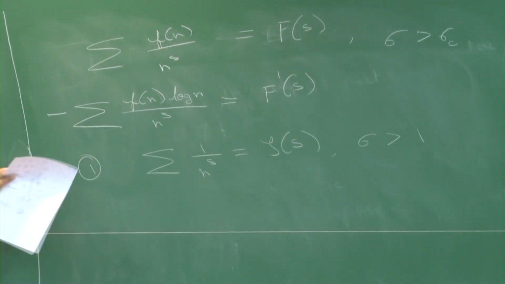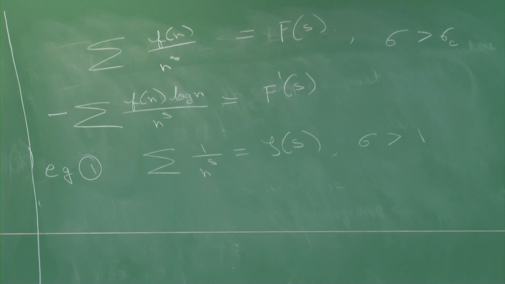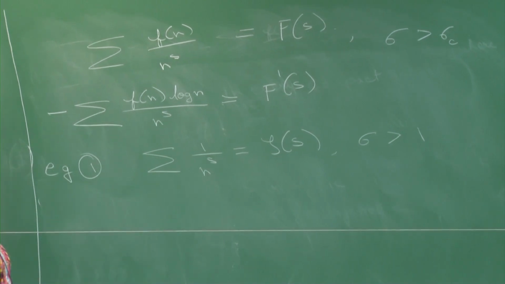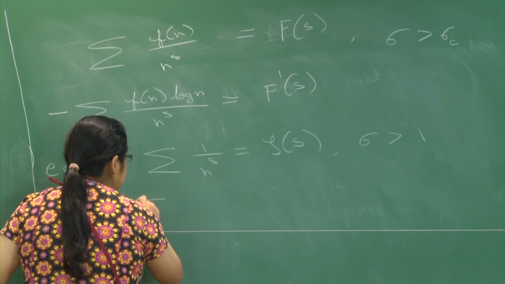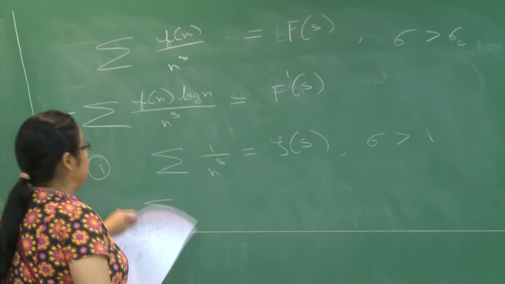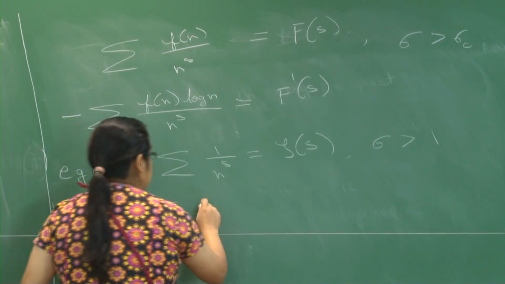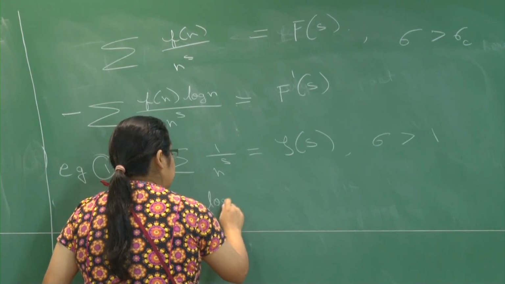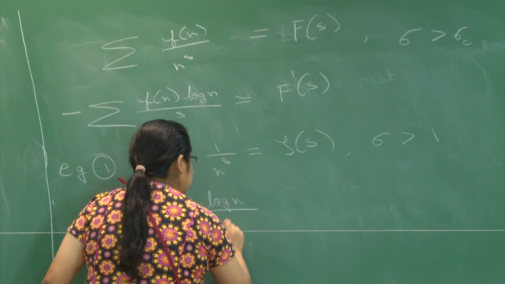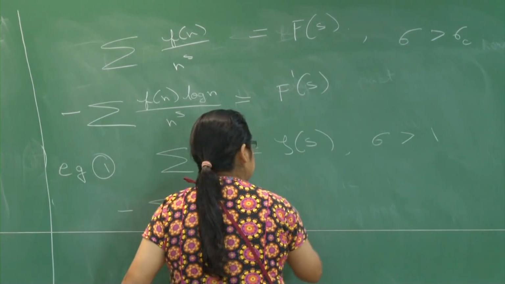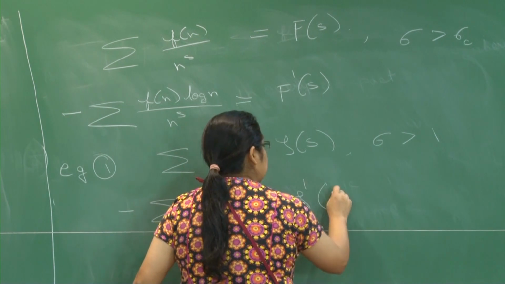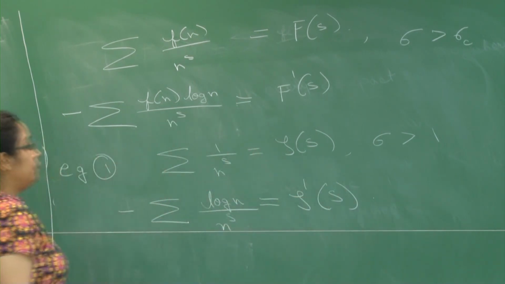In this region it converges and it defines an analytic function. So now suppose you take the derivative: minus log n over n raised to the s, summed, is equal to the derivative of the zeta function.